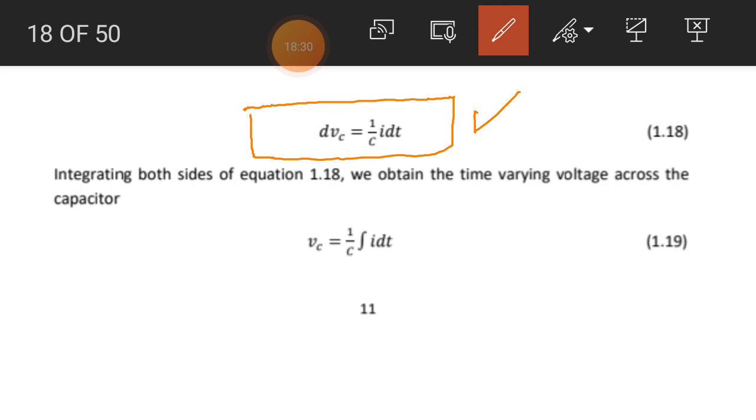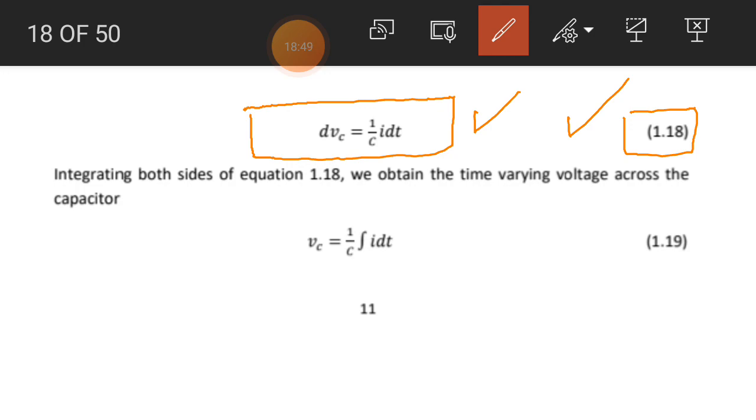So the differential voltage across the capacitor will be equal to 1 over C times I dt. I obtained equation number 18 with the help of equation number 17. I hope that this equation will be clear to you.